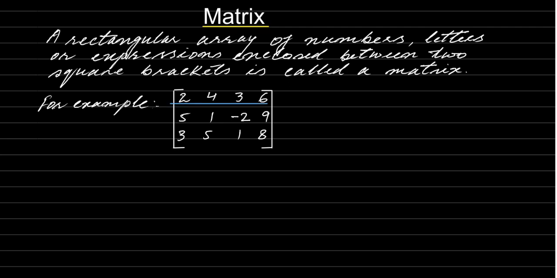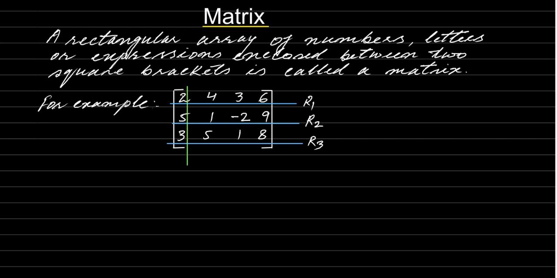These are called rows of the matrix, which are generally denoted by R1, R2, R3, and so on.